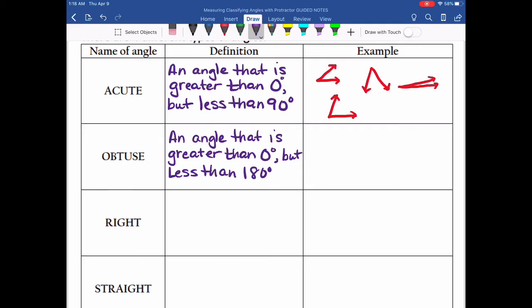An obtuse angle is an angle that is greater than 90 degrees, but less than 180. So they open up a bit wider than a 90-degree angle. Not just a bit, but sometimes a lot. But these are examples of obtuse angles. And I should also make sure you guys know what I'm talking about. Like that part of the angle is obtuse.